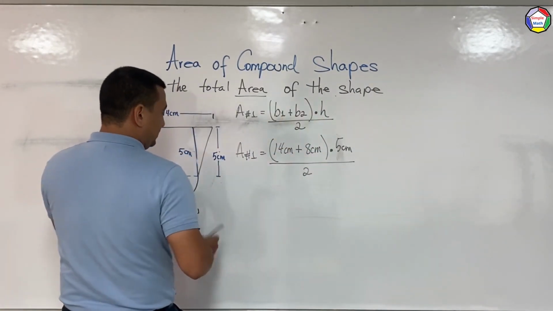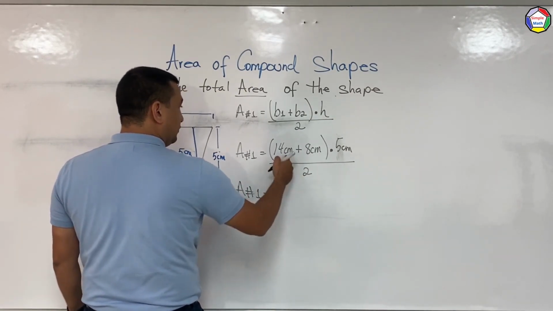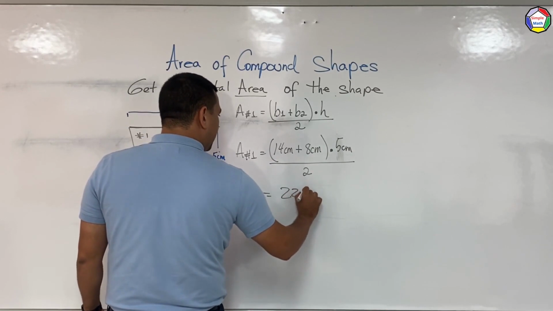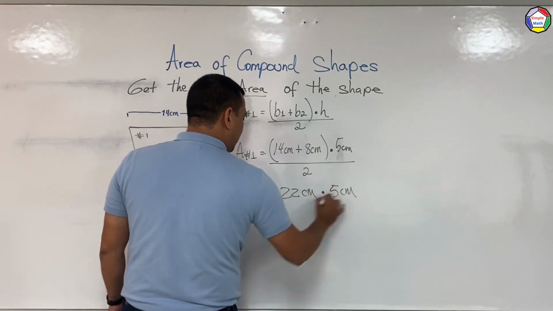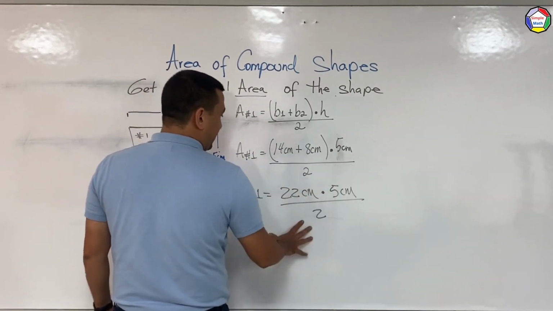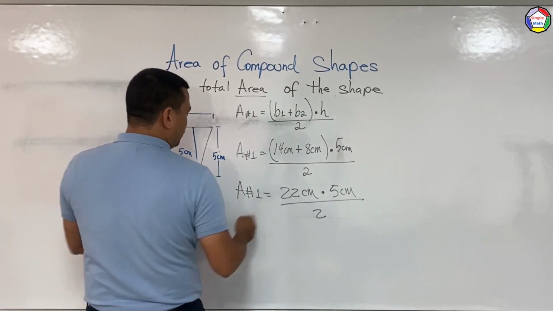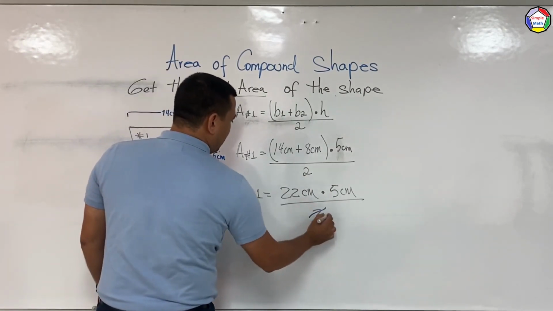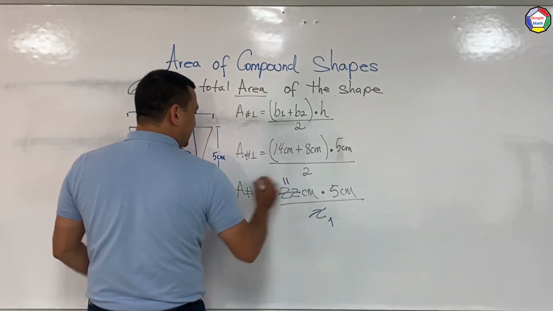So the area of shape number 1 is equal to 14 plus 8 is 22 centimeters times 5 centimeters, everything over 2. We have two options. We multiply and then we divide by 2. But here I can simplify things. I can simplify 2 and 22. 2 divided by 2 is 1, and 22 divided by 2 is 11.